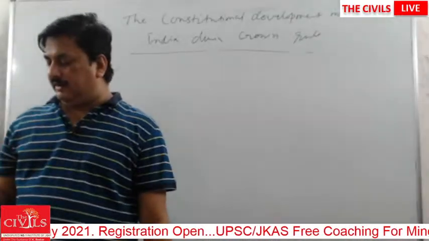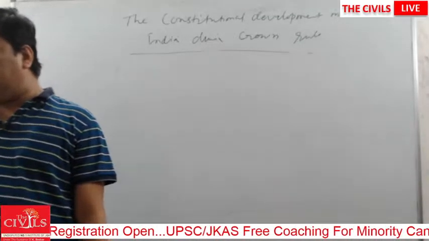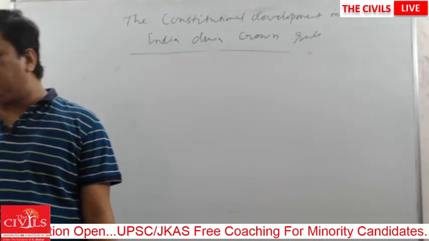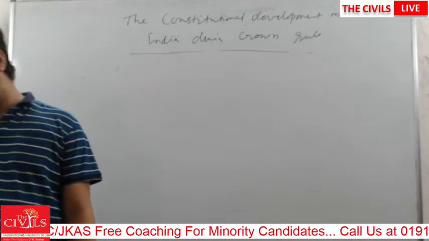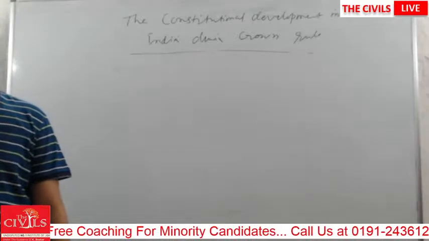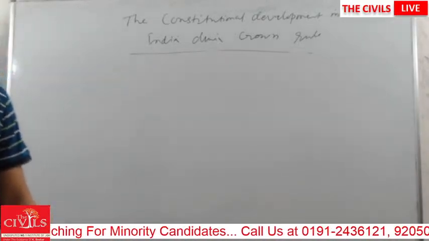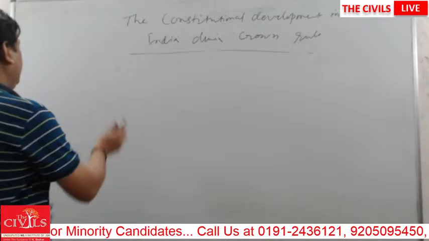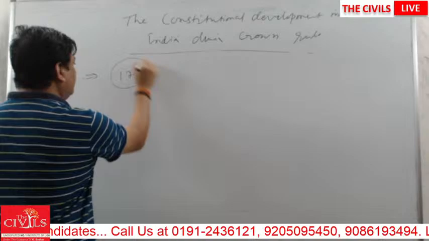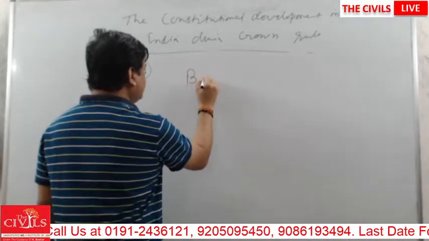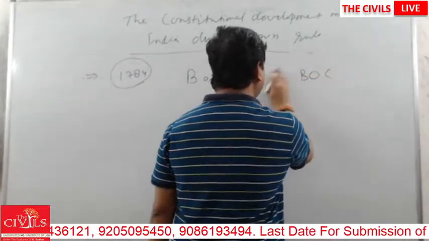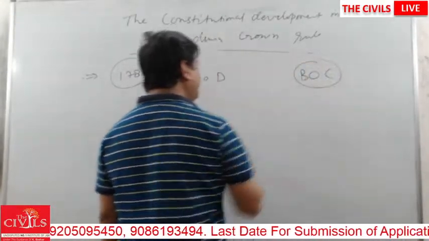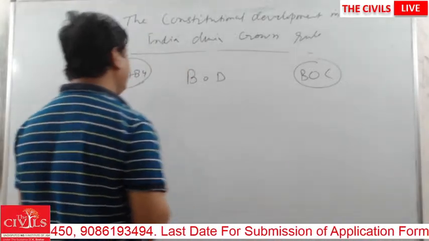Okay, by the Pitt's India Act of 1784, a new institution, the Board of Control, was established. Now in 1784 there were two institutions, the Court of Directors and the Board of Control. Board of Control was the new institution created by the Act of 1784.